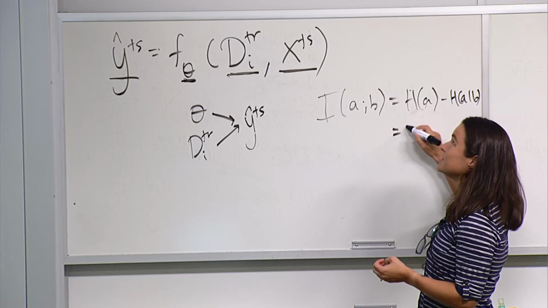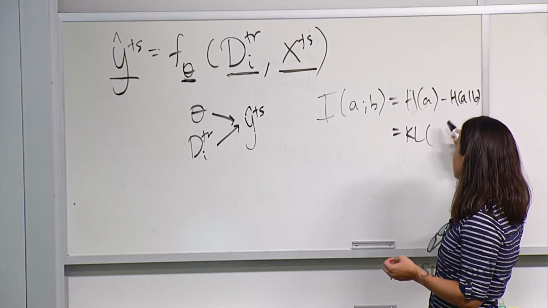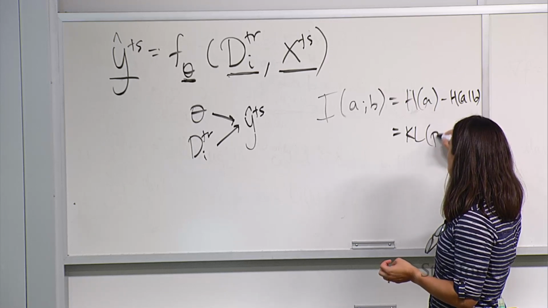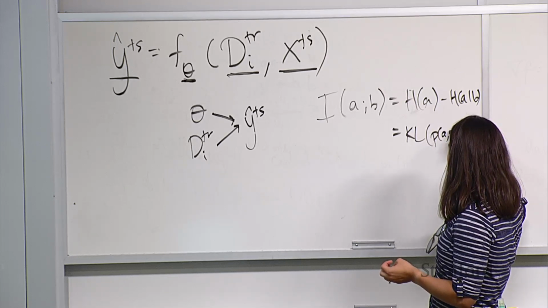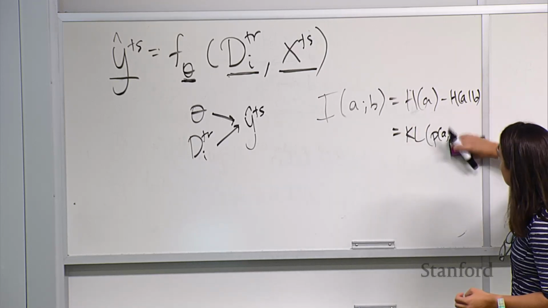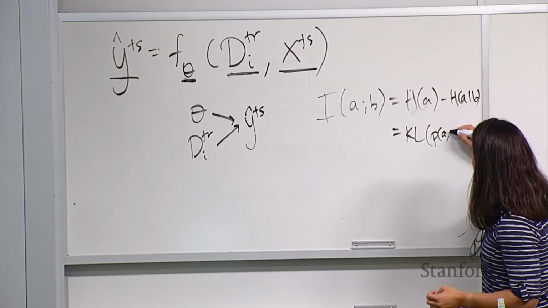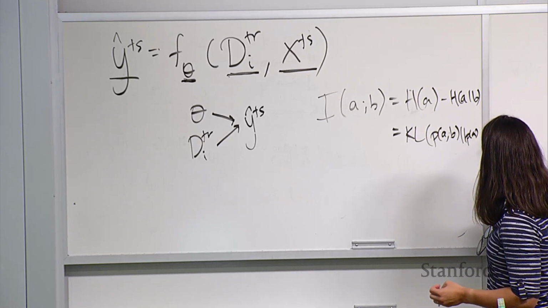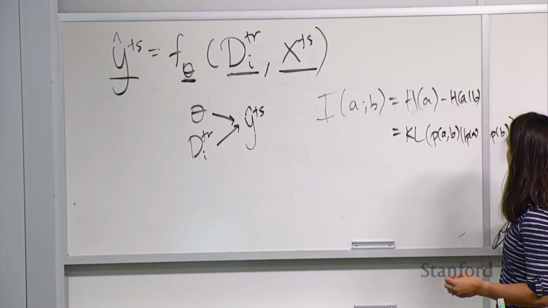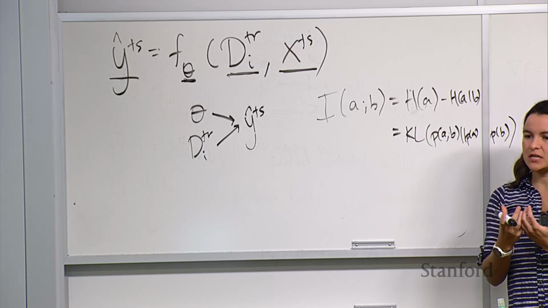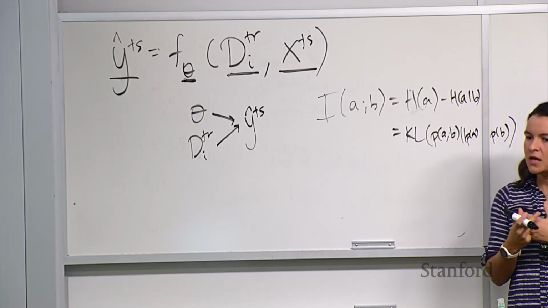Another way is the KL divergence between the joint distribution and the product of the marginals. Basically, mutual information tells you how interrelated these two random variables are.